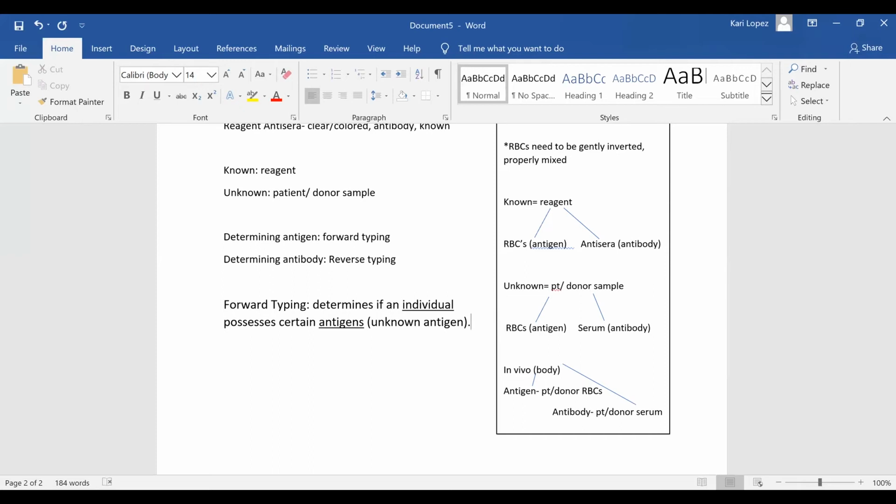And then forward grouping or typing is defined as using known sources of commercial anti-sera to detect antigens on an individual's RBCs.